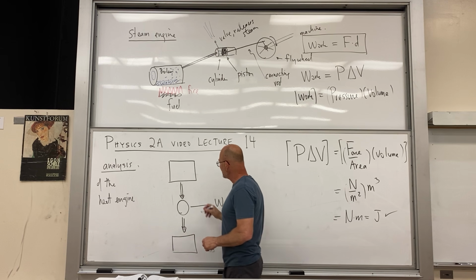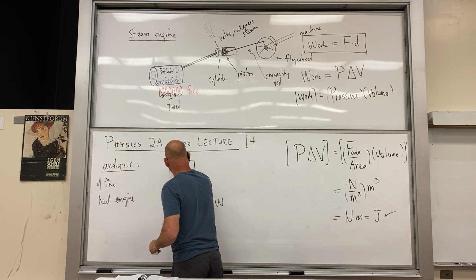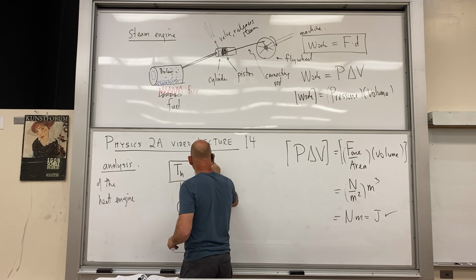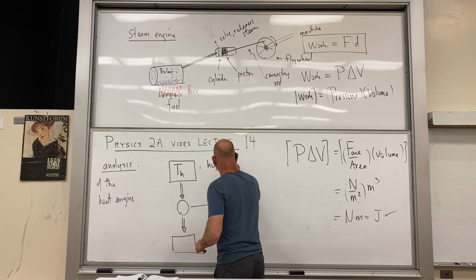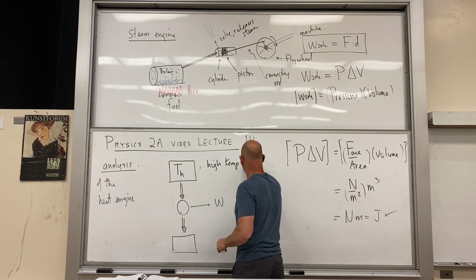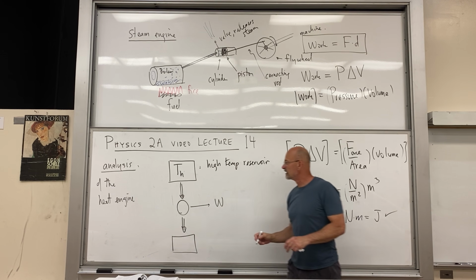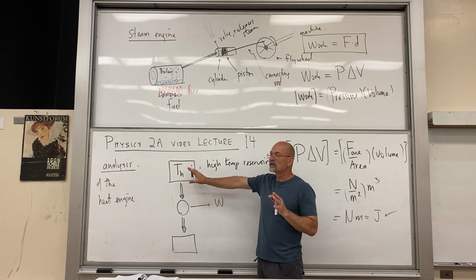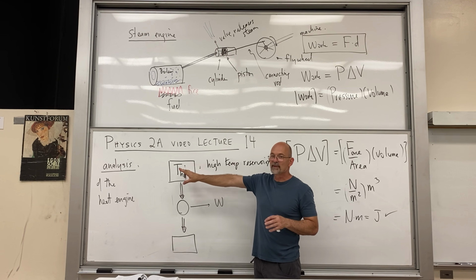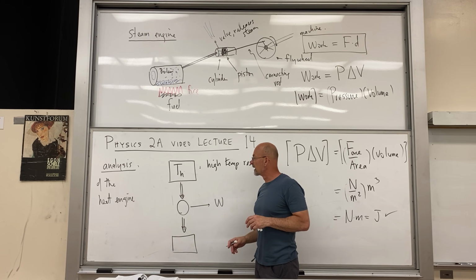So what we have here is what's called the, I'm going to label this TH. This is called the high temperature reservoir. What we're saying is we have some source of thermal energy at a high temperature. Okay.